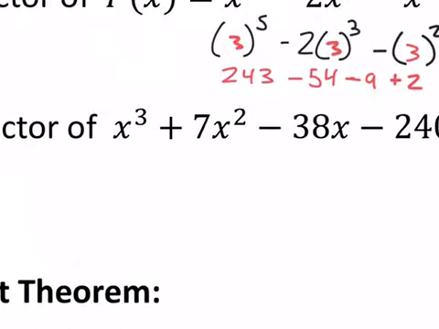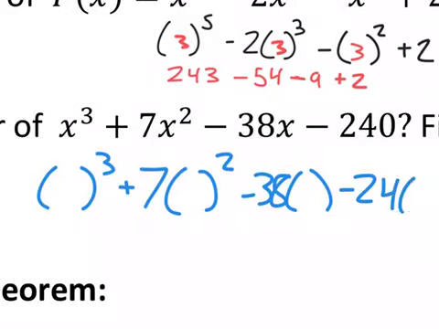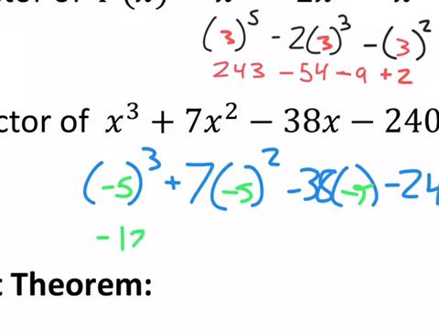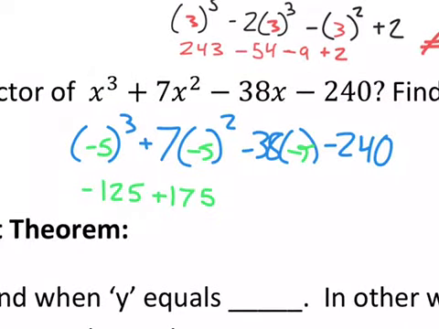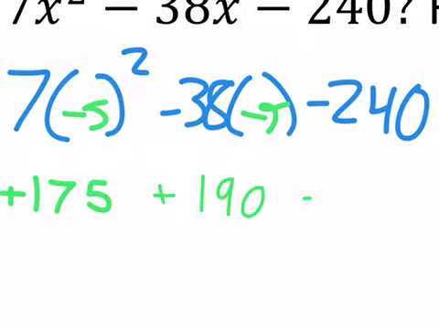On this one, if we plug in that number, 38x minus 240, plugging in negative 5, we get negative 125. Negative 5 squared is positive 25 times 7, which gives us 175, and here we get a positive 190 minus 240.